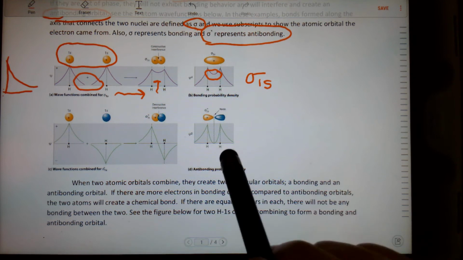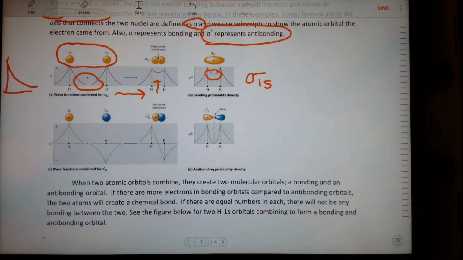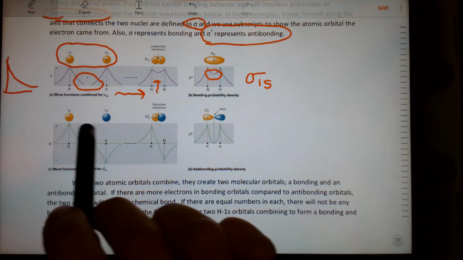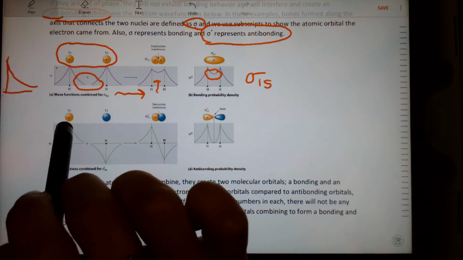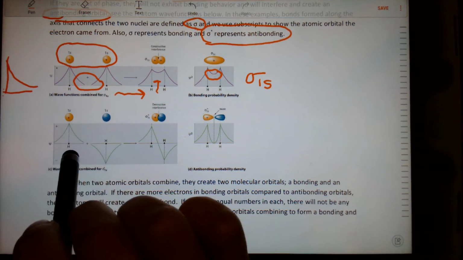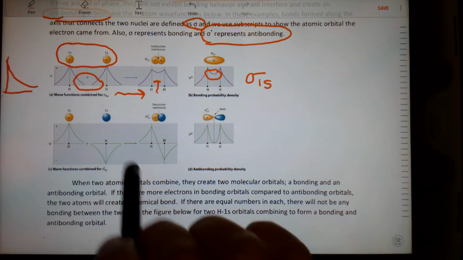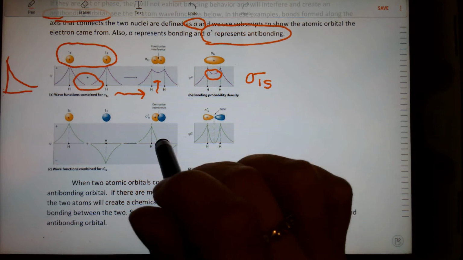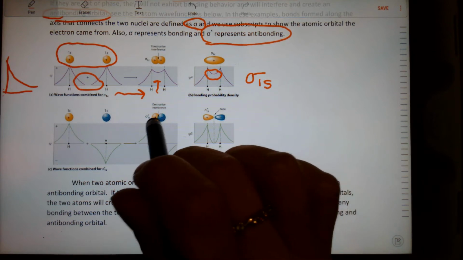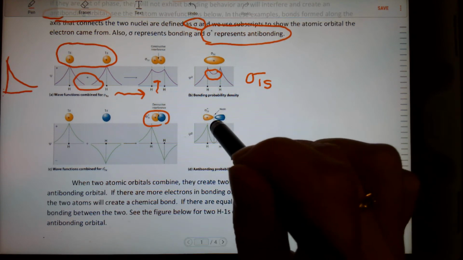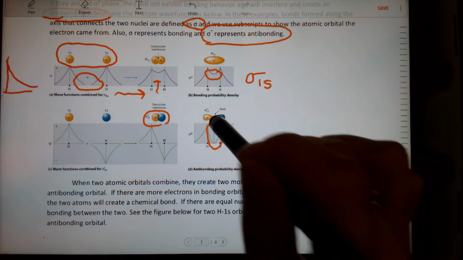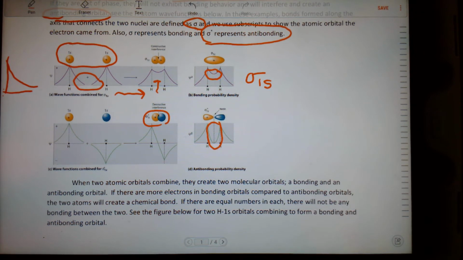Okay, so what if we had destructive interference? What if those two hydrogens weren't in phase? So we have one positive and one negative. If we combine those, look at what we get here. The region of overlap now has a node.